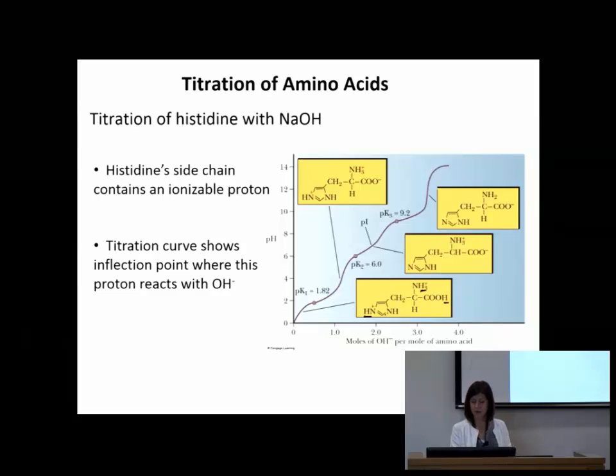So here, what we have is a pK1, and that has to do with the acid. So above it, they show it, the proton is off there. The pK2 has to do with that proton. So at that pH, you have half on the side chain and half off the side chain.